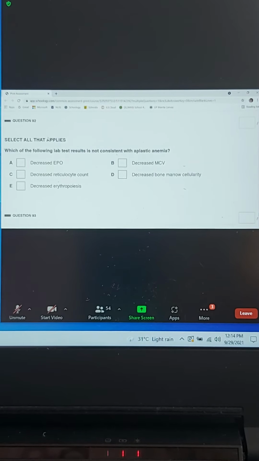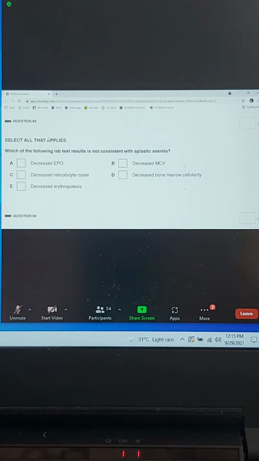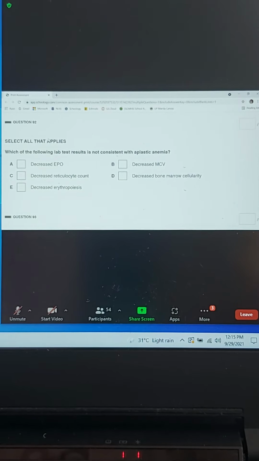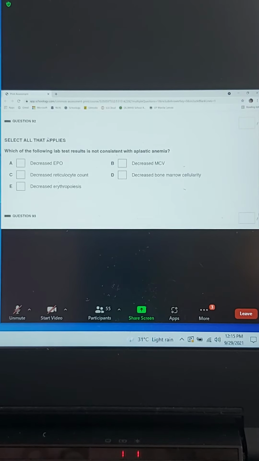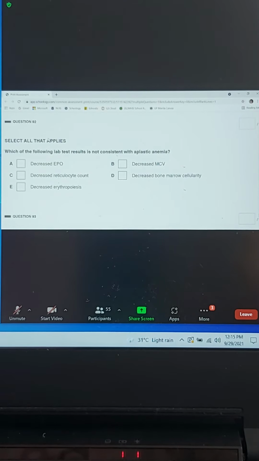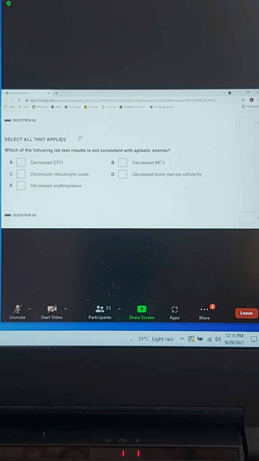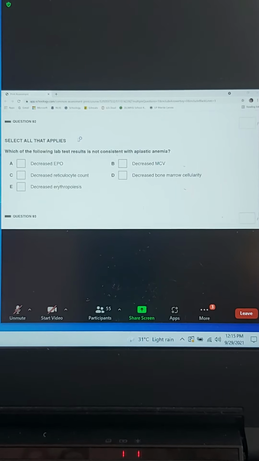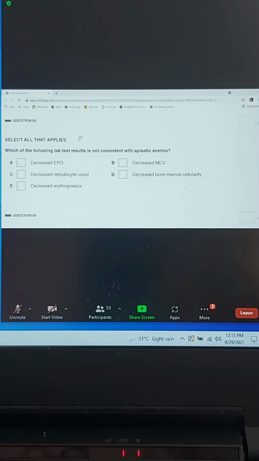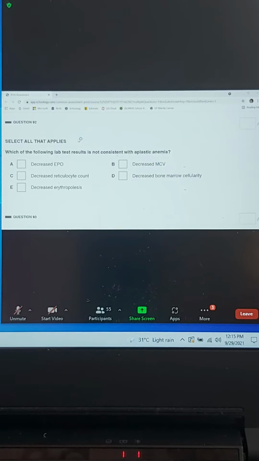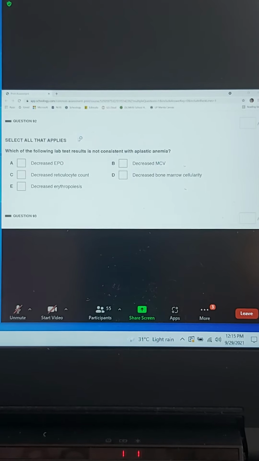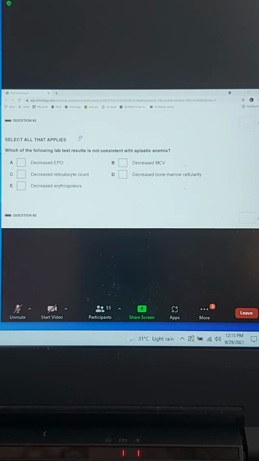Decreased MCV. Decreased MCV means decreased cell size. Is it consistent?